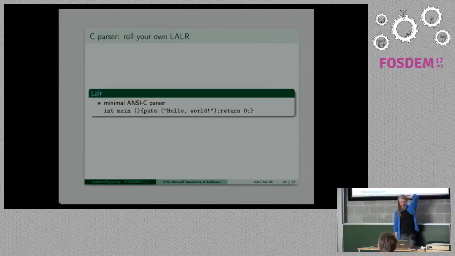Well, it's not totally true. The Mes could run the LALR parser, and it could parse a simple, not C, but a simple parentheses example.